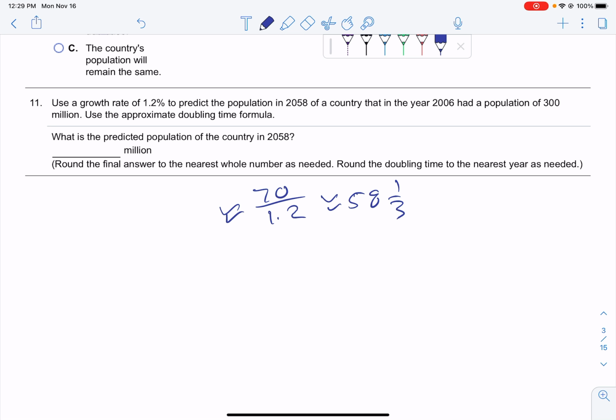That's my doubling time. So if I take my initial population, 300 million, and I'm going to times that by 2 raised to the little t. Now I'm going from 2006 to 2058, so that's 52 years, divided by my doubling time, which was 58 and a third.